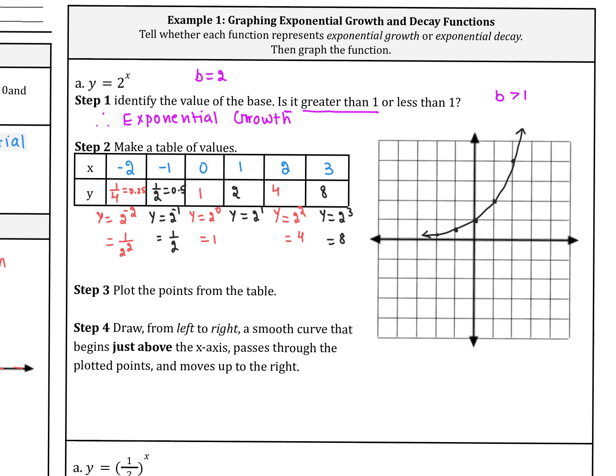So after finding the points, you're going to plot the points, and draw from left to right a smooth curve that begins just above the x-axis, passes through the plotted points, and moves up to the right.